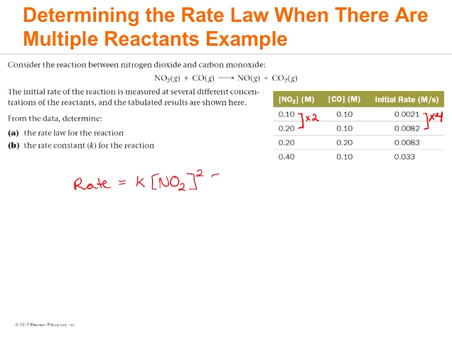And now we just have to figure out what the order is with respect to carbon monoxide. So in the next set of data, we can see that the concentration of carbon monoxide is doubled, but the concentration of NO2 is held constant. So let's see how the rate is affected here.